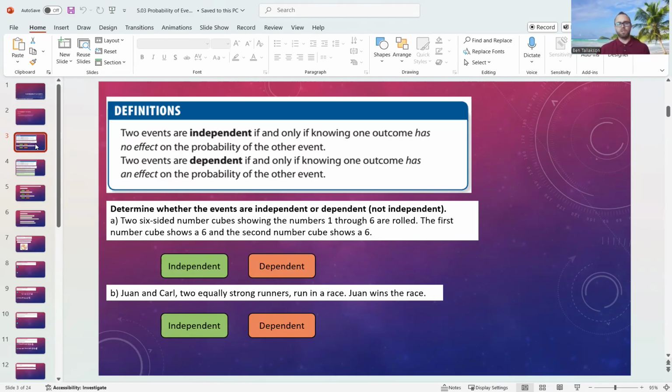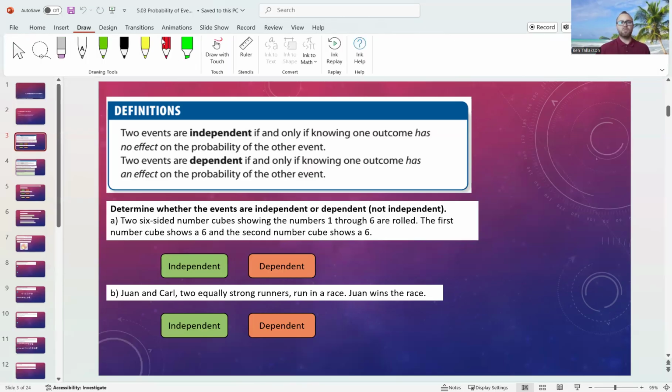We're going to determine whether the events are independent or dependent. And in this unit, you're often going to see that verbiage "not independent." Well, that means the same thing as dependent. Two six-sided number cubes, die, showing the numbers 1 through 6 are rolled. The first number cube shows a 6, and the second number cube shows a 6.